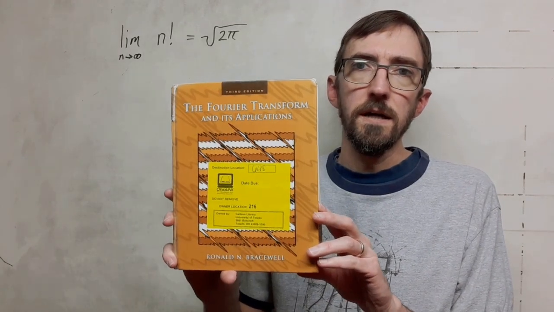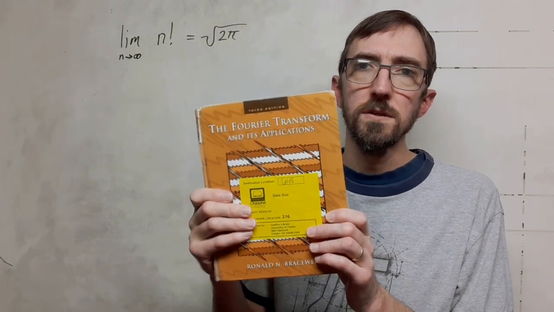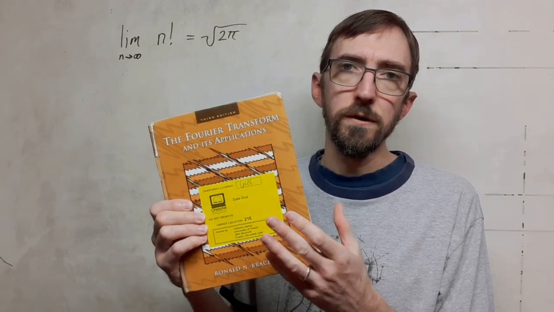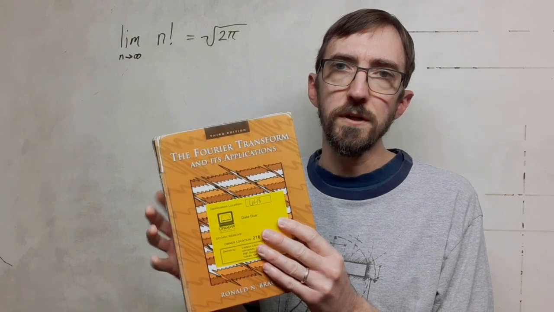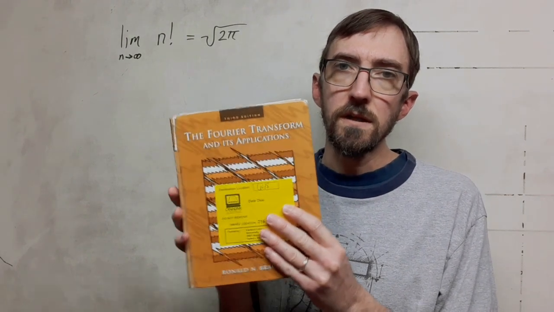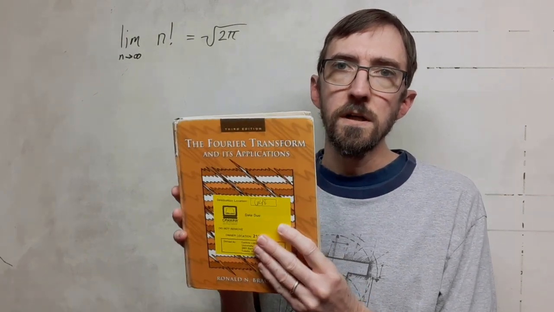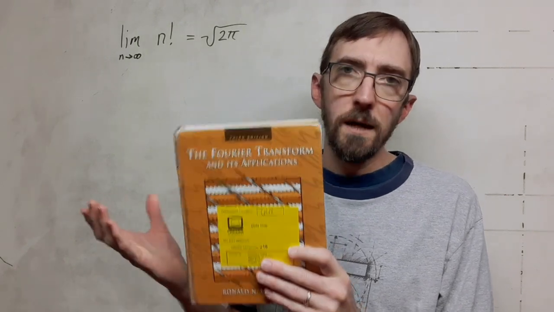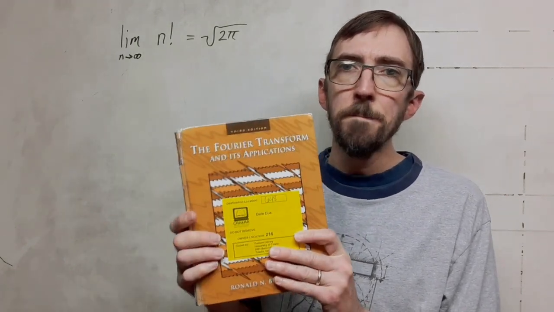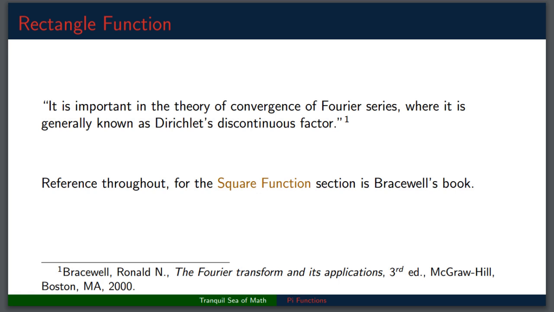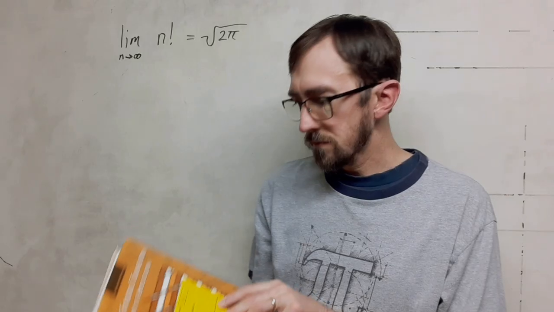I had actually borrowed this book, interlibrary, through our university library to study the Heaviside function. And it also happens to have the rectangle function in it, because the rectangle function is important in the study of the convergence of the Fourier series.